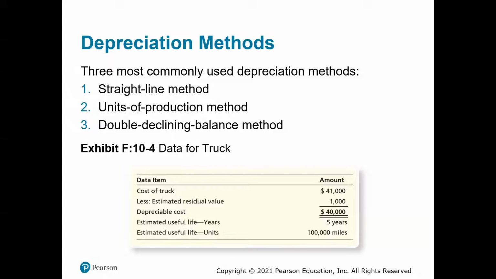They say that the estimated residual value is $1,000, and the depreciable cost is $40,000. The estimated useful life of the truck, they say, is 5 years or 100,000 miles.